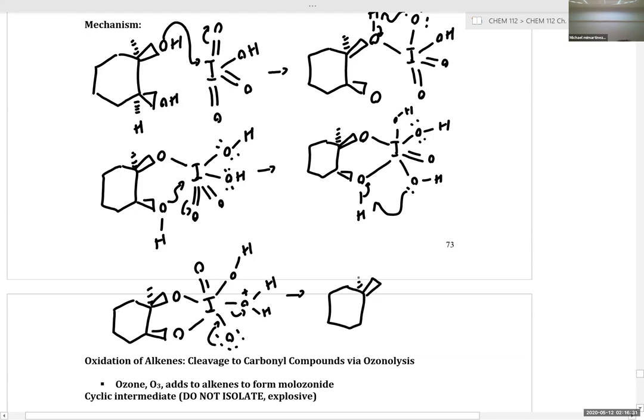We're still just doing essentially bookkeeping to get to the really important step of the mechanism. So after a fair number of proton transfers, we have the following cyclic intermediate.